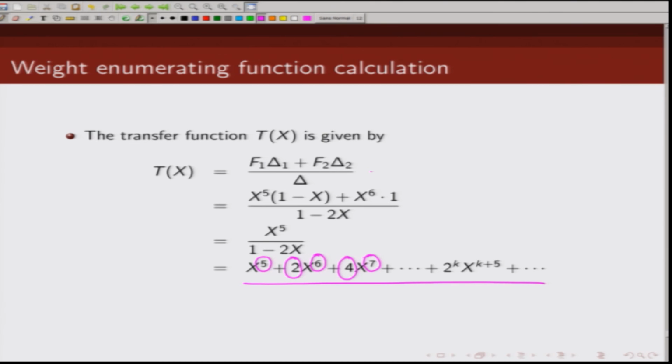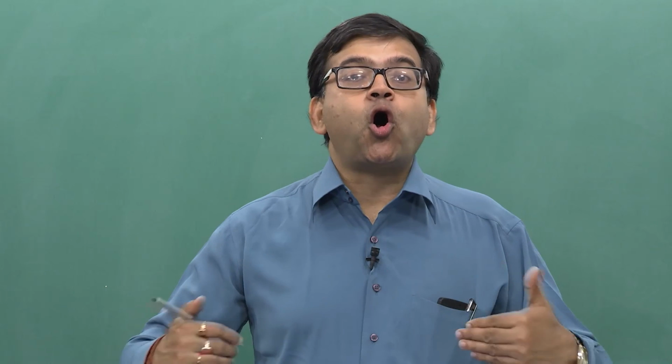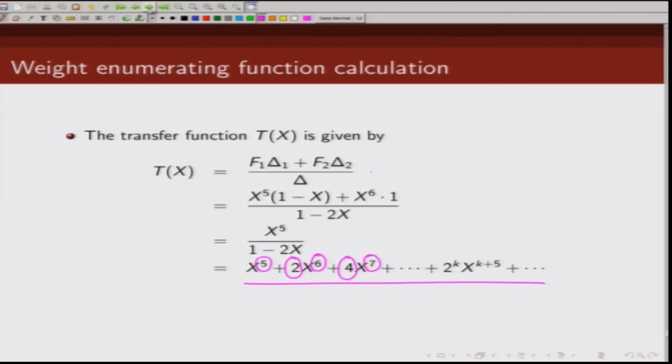So, you can see this transfer function is completely enumerating the weight distribution of my convolutional code. And again, because the minimum weight is 5, the free distance of this convolutional code is 5.